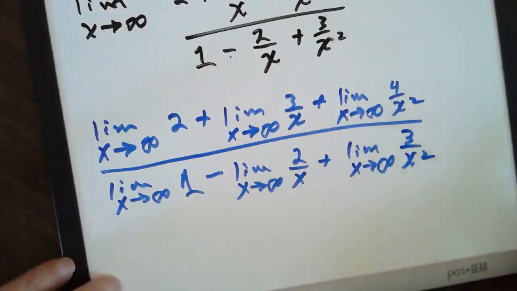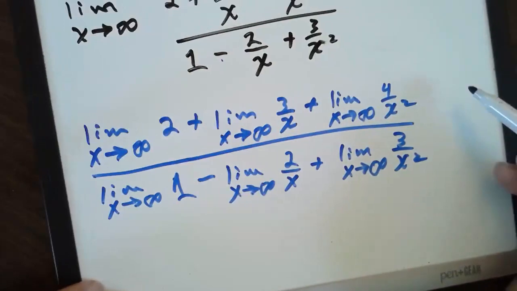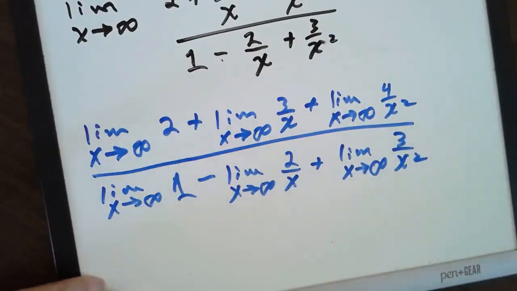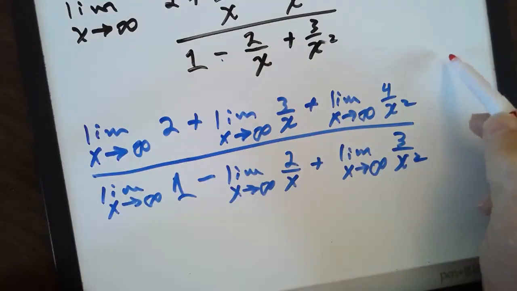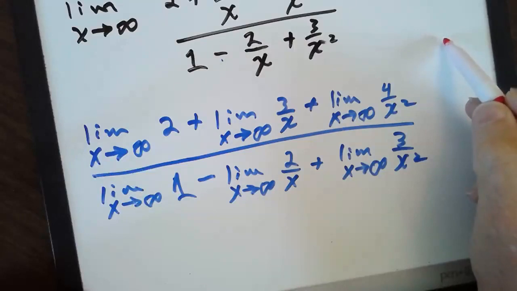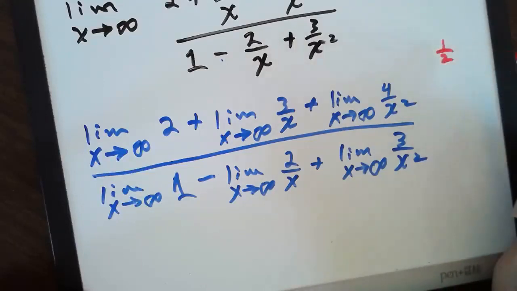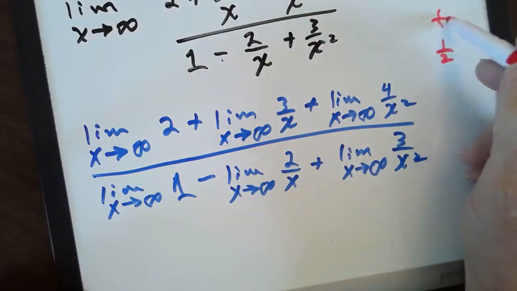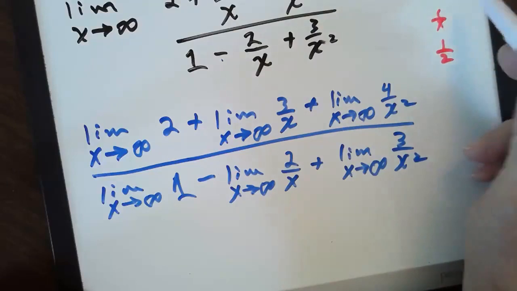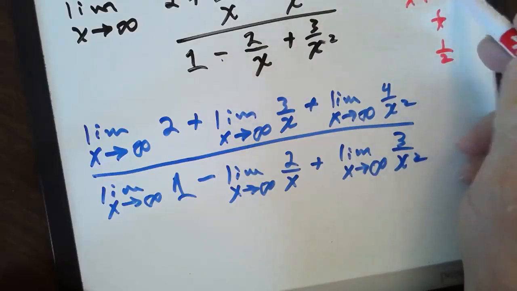Well, why are we even doing this? Let's look at fractions for a moment. Let's look at 1 over x, for example, where x goes to infinity.